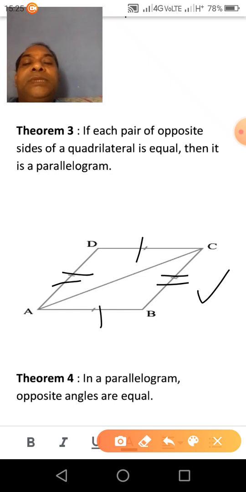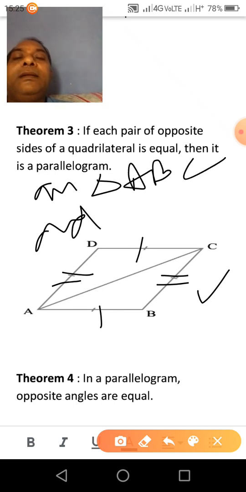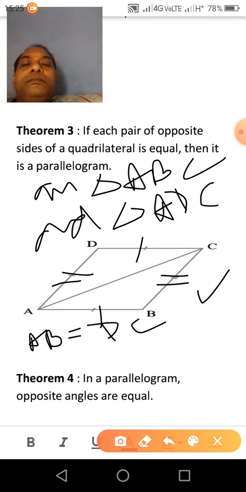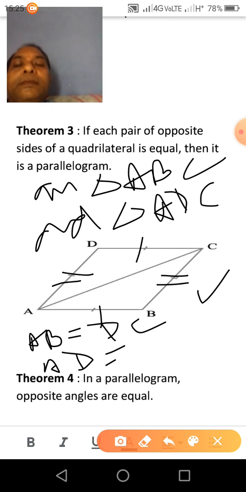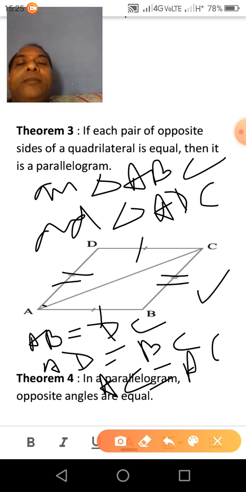So now taking triangle ABC and triangle ADC, in both the triangles AB is equal to DC, already given, AD is equal to BC, given, and AC is equal to AC, common in both.